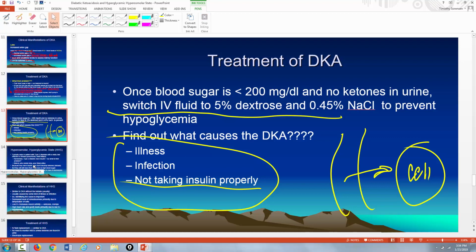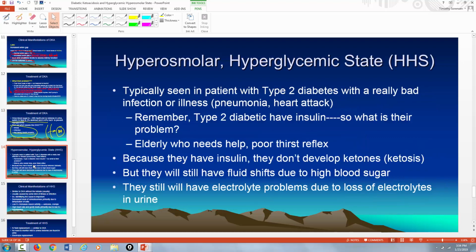Now, this hyperosmolar hyperglycemic state, to be honest, the name sounds more sinister than what's really going on. First of all, this type of situation is typically found in type 2 diabetics. Remember, in most cases with type 2 diabetics, insulin is not the problem.